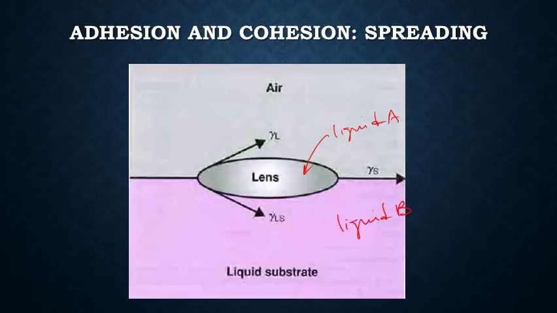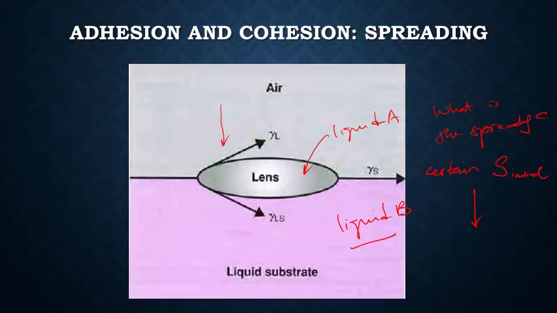So when this liquid A is dropped onto liquid B, what is the spreading coefficient? Once it touches liquid B, it might have a certain value of coefficient, which is the initial coefficient.